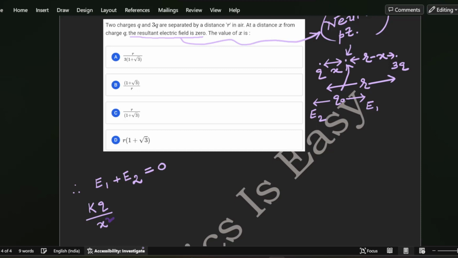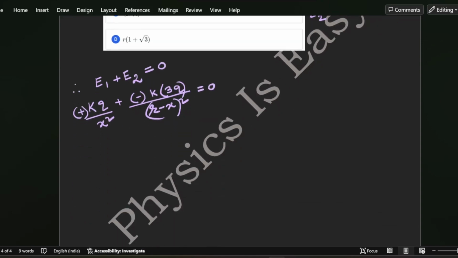This is positive because it is pointing in the positive x direction, plus minus K 3q, obviously minus because the electric field at this point due to the 3q charge is pointing in the negative x direction, divided by the distance r minus x whole square, is equal to 0.